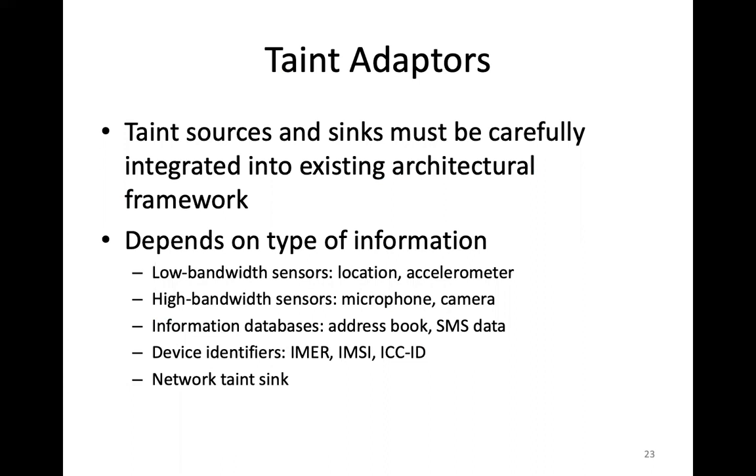There are also high bandwidth sensors like the microphone or the camera, where lots of data comes, the information databases, the address book, and so on. And you have the network, which is generally the taint sink. Based upon the type of information, the taint sources are carefully adapted.